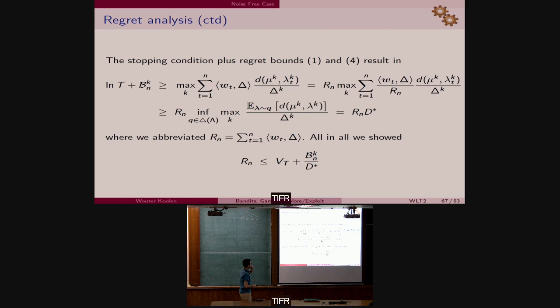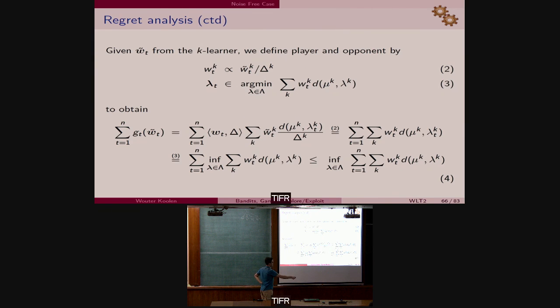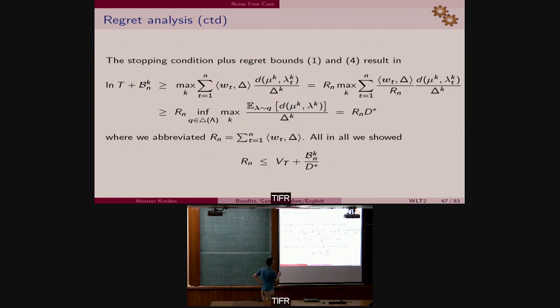stopping. Okay, and so the final result is that if you add this regret overhead and this log t, and you massage what you get, turns out you again find your min-max value, which was this d star, times the regret now.